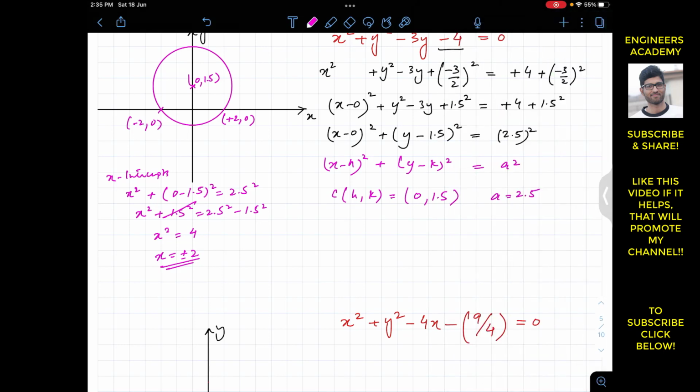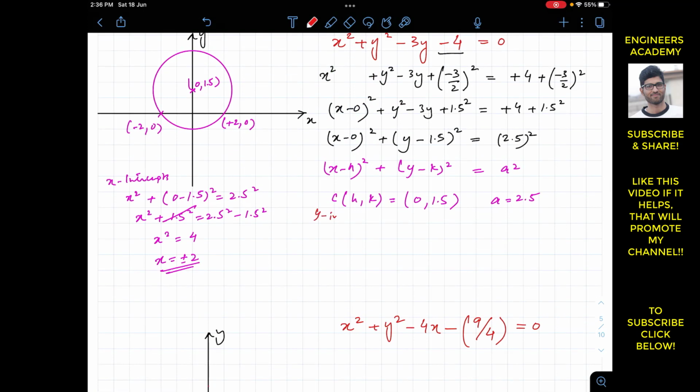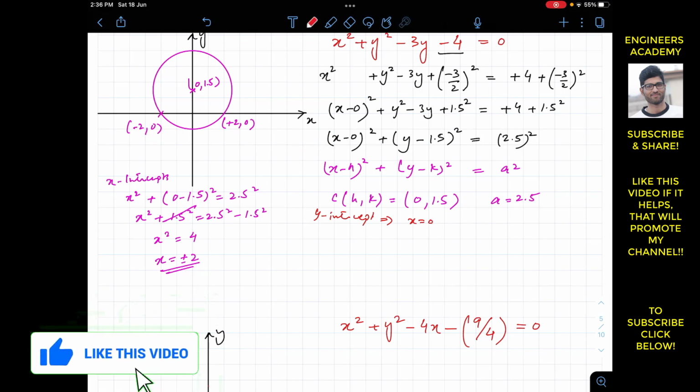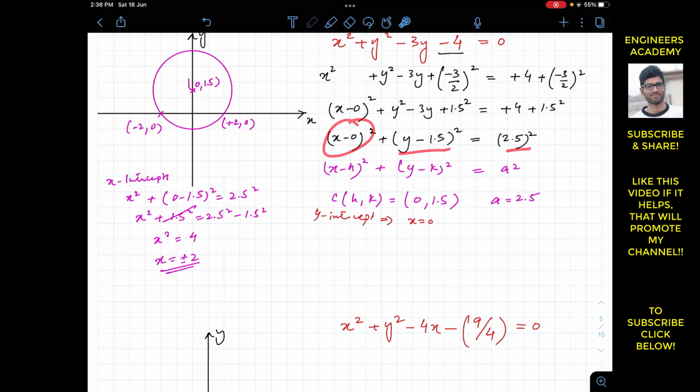Similarly we can find the y-intercept. For the y-intercept we need to put x equals 0 in this standard equation. So if x is equal to 0, this will become 0 and we will be left with (y − 1.5)² = 2.5².